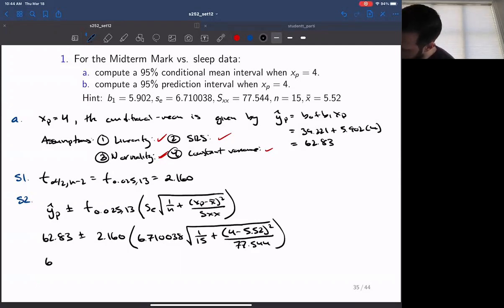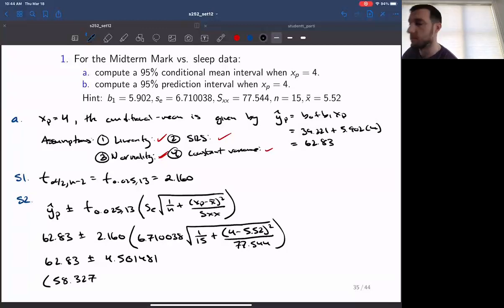So that's going to be 62.83 plus or minus 4.501481. And that gives us 58.327328 to 67.330.